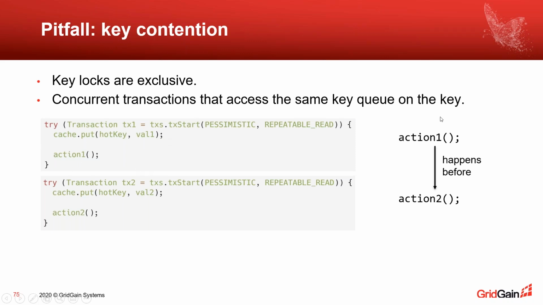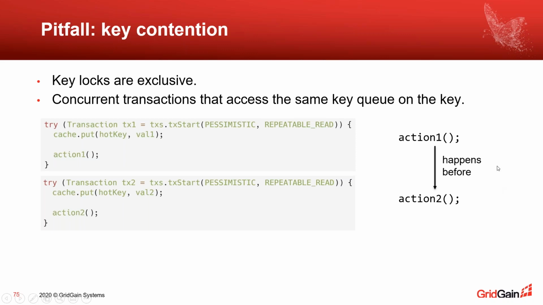In the case of such code, there will be a strict happens-before relationship between action 1 and action 2, because action 2 can't start until this hot key is locked, and it will not be locked until this transaction is committed, and this transaction will not be committed until action 1 is finished. So there is a strict happens-before chain, and all of action 1, action 2, action 10, etc. will be executed by turn.